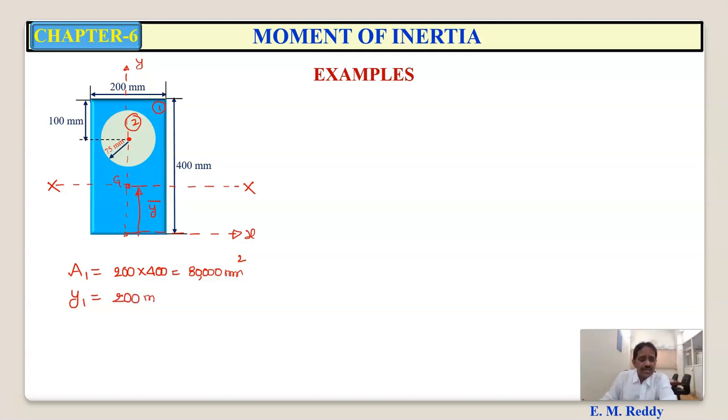So y1 will be 200. Then A2, area of the circle. So it is pi r square. R is 75. Distance of centroid of the circle from the base: total height of the rectangle is 400. Center of the circle from top of the rectangle is 100. So therefore y2 will be 300.